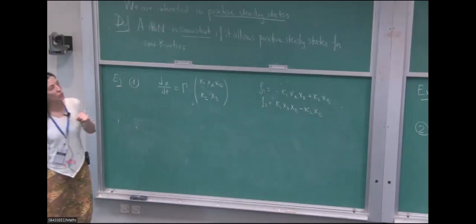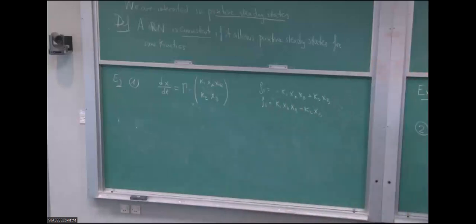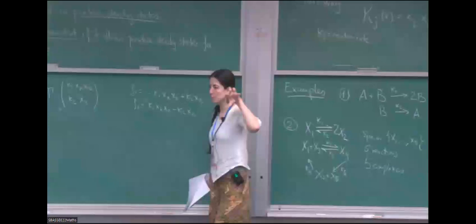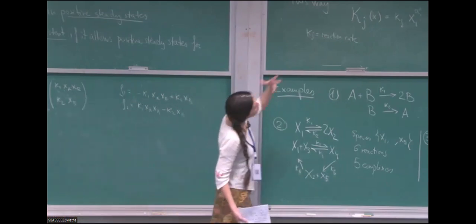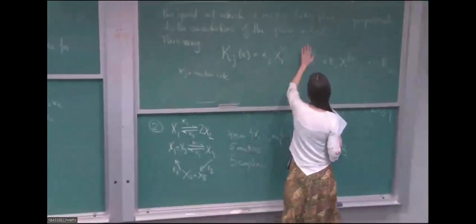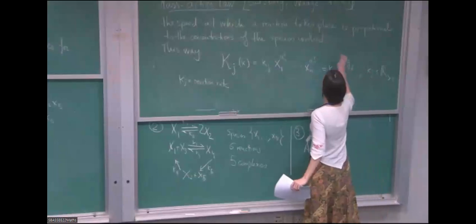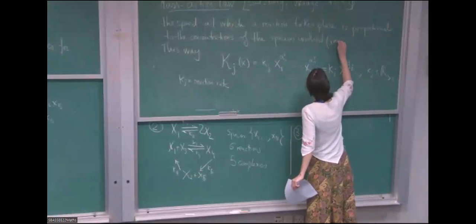Yeah, this is why the exponents that I'm using here are only the ones of the source. Yes, maybe I didn't say the word, I'm sorry. Yeah, thank you for that.